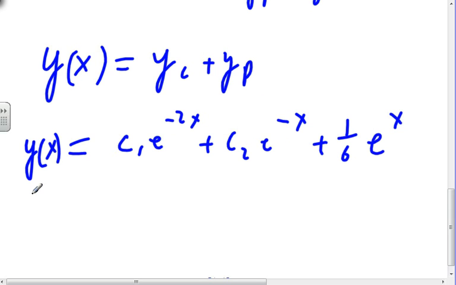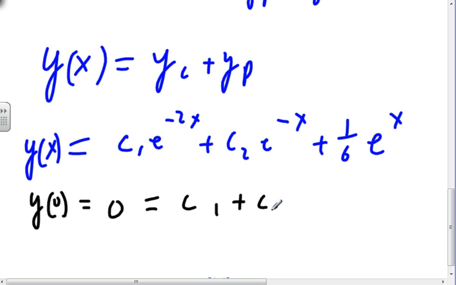Okay, so y at 0 is 1. Is that what I put down, really? And so that's going to be C1 plus C2 plus 1/6.